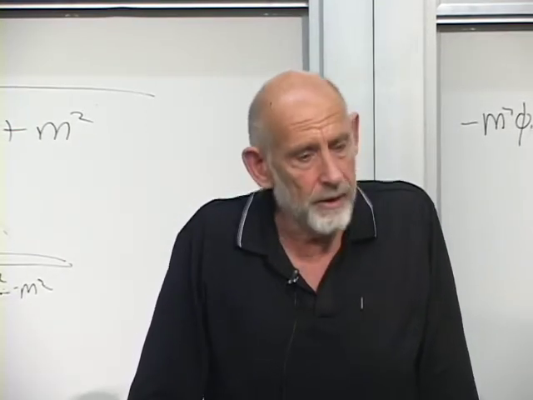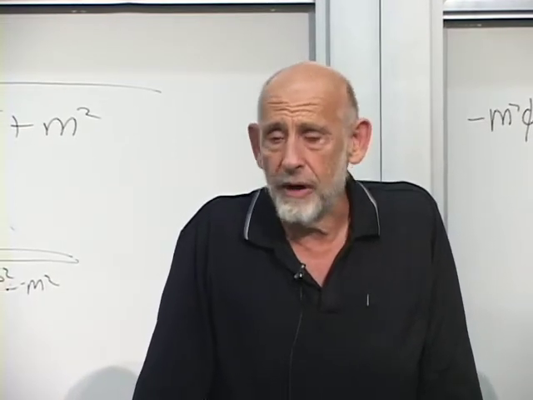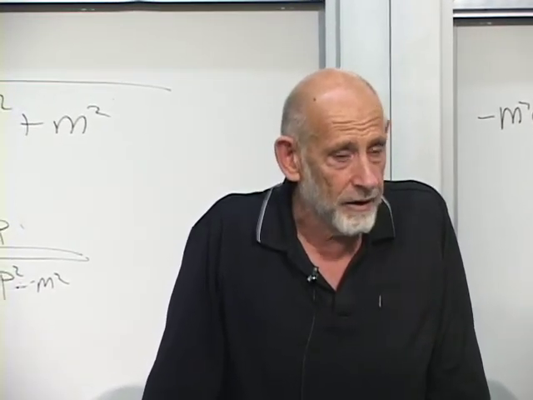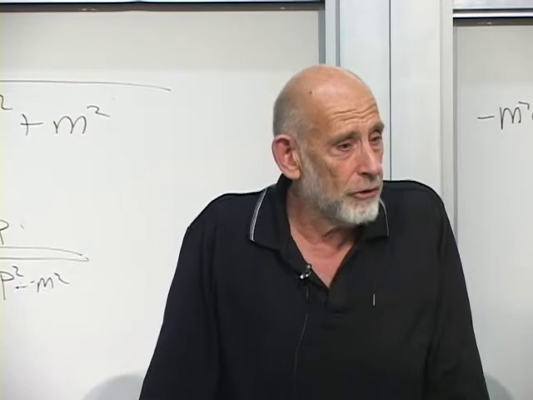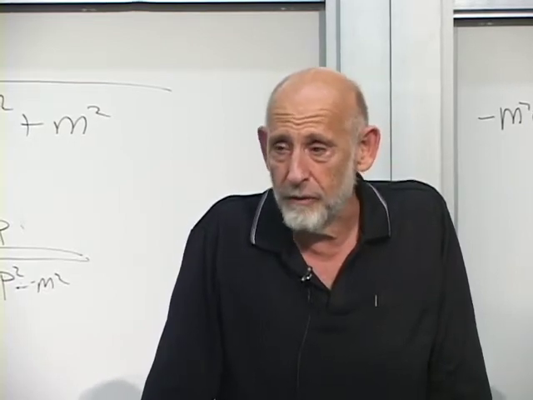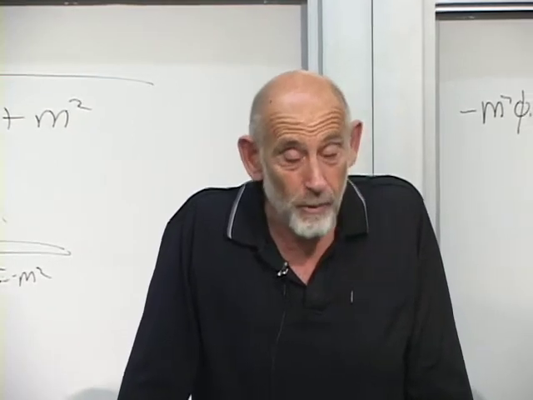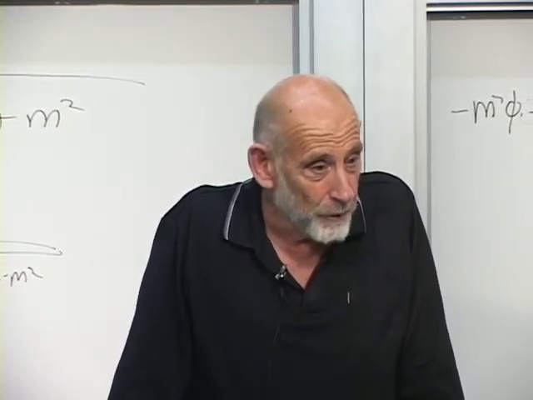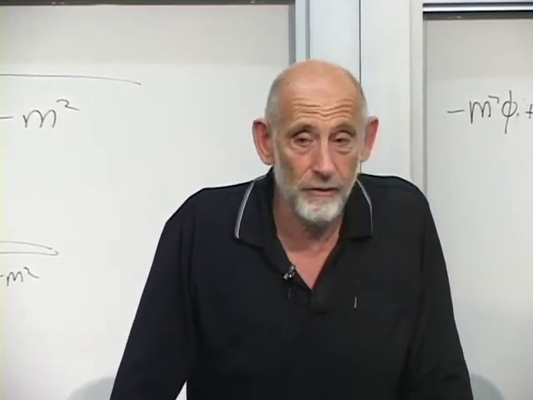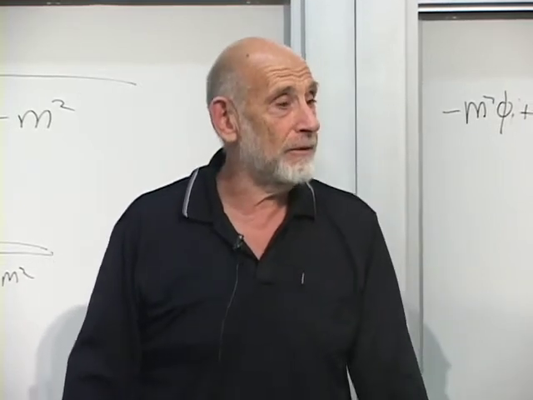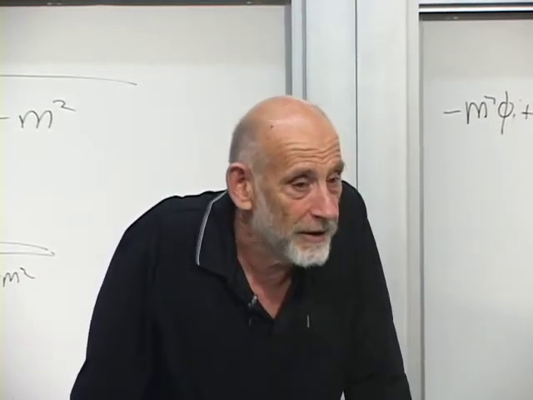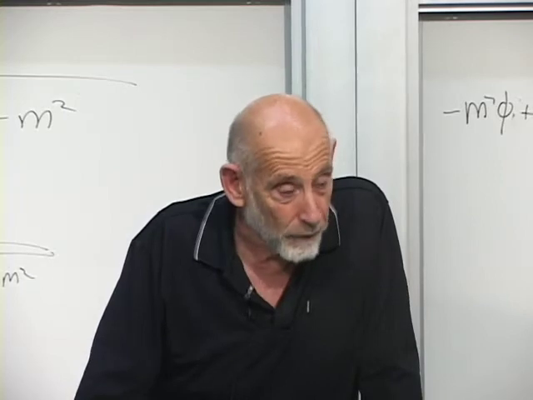I said to you that there are tricks and ways of getting rid of the tachyon. You might ask me, are there tricks and ways of getting rid of the photon-like object, the massless thing? Well, the answer is nobody ever found one. Within months of the discovery of string theory, people had figured out how to get rid of the tachyon. They never got rid of the photon-like object.